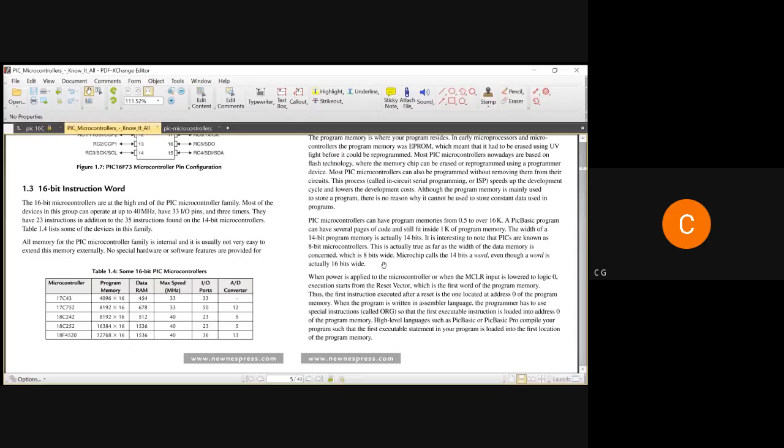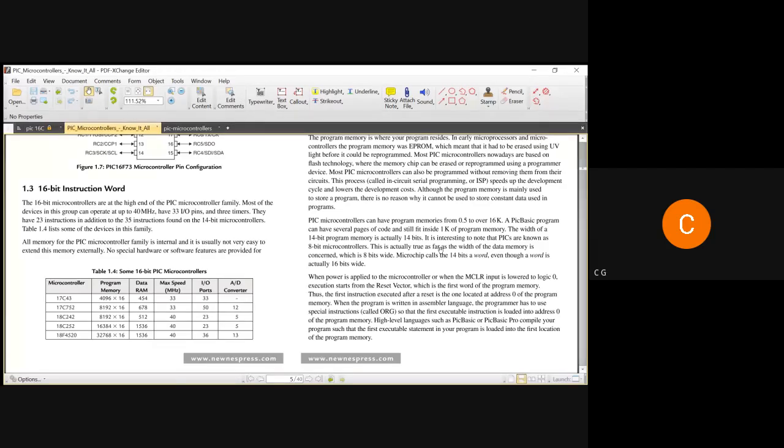So here we have seen the 16-bit instruction word and the 14-bit program memory. Whatever instructions you give are written in this 14-bit program memory. So the program word is of 14 bits.